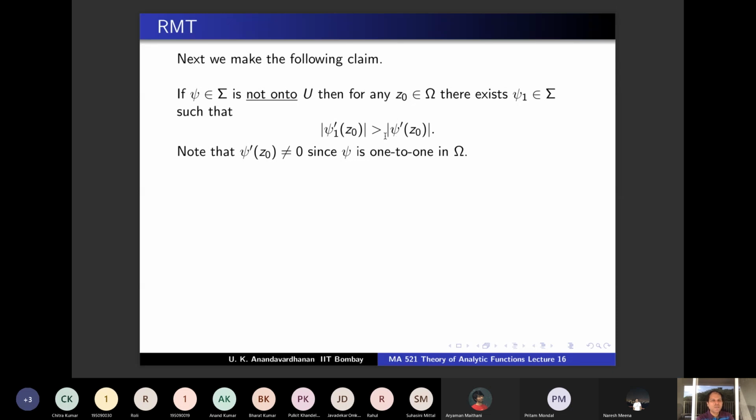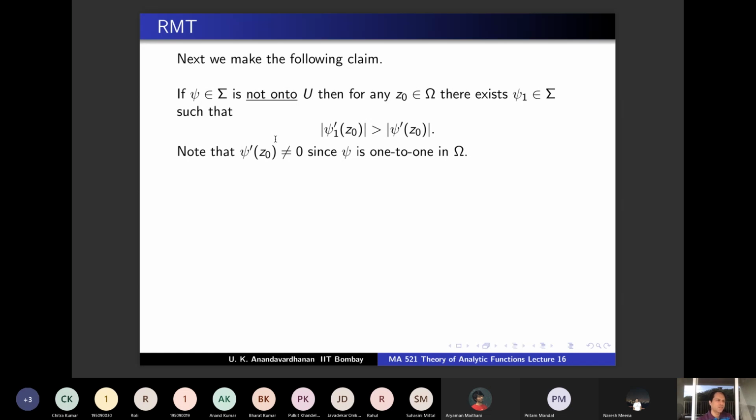So the point is, if you got this particular speed at this point, but you can get a function with higher speed, then the chances of this becoming onto are more. And if this is not onto, you can get another function with a higher speed. So take the function with the highest speed at each point.